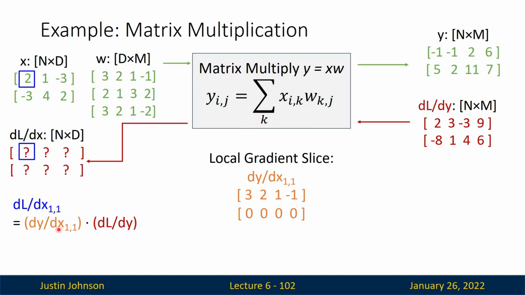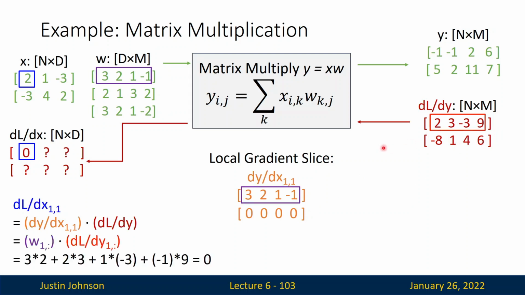We calculate it. So this is a dot product, which means element-wise product. So here 3 times 2 plus 2 times 3 plus 1 times negative 3 plus negative 1 times 9. And because all of this is 0, we can ignore this row. Then we get the value is 0.